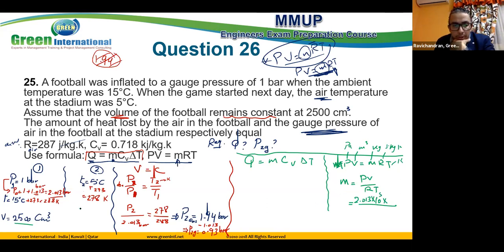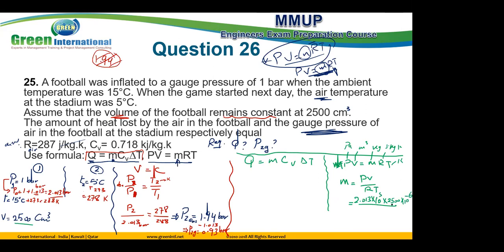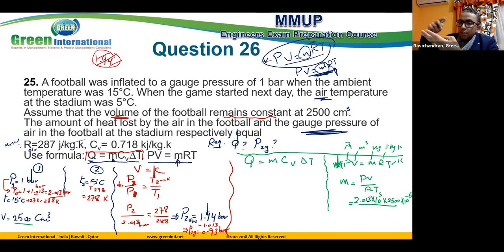Clear, sir. Volume is 2500 centimeter cube, so 2500 multiplied by 10 to the power minus 6. Minus 2 for centimeter to meter, and cubed, which is minus 6. R is given, 287.